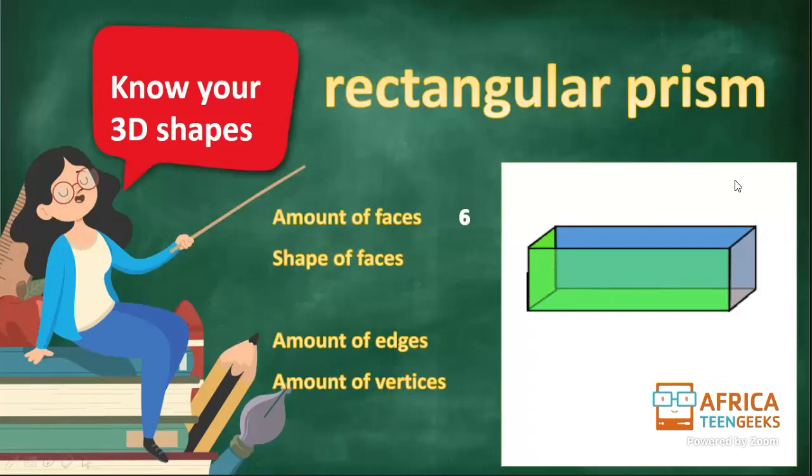Remember, if your teacher or the question paper doesn't say that something is a square or exactly the same length or same sides, then don't assume that. I didn't say anything. So that's a hint when you type out the shape of the faces. I didn't say that any of the sides are equal in length.